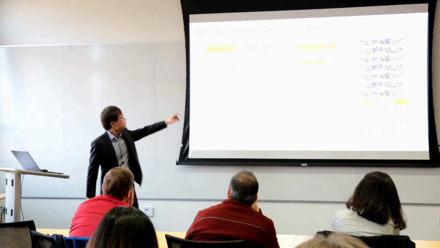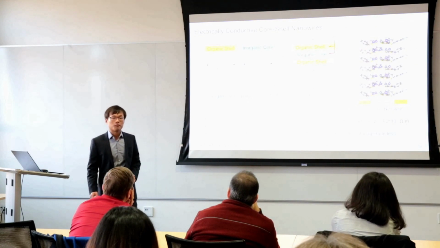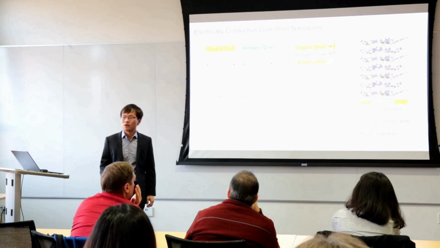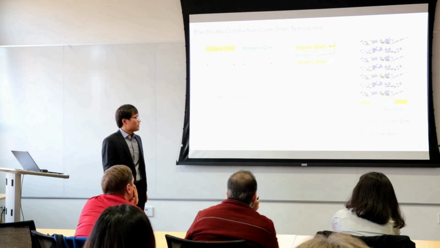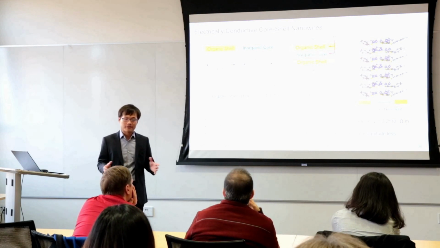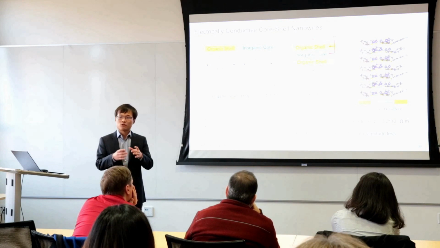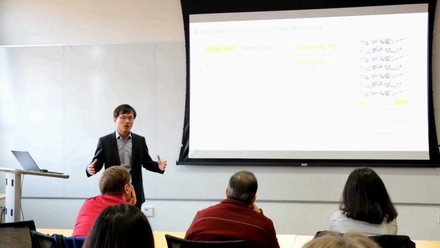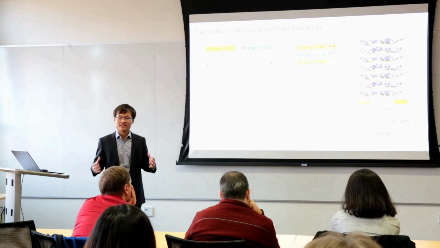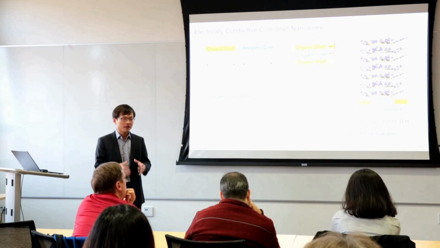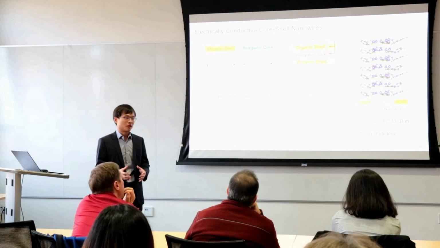And here is a visual representation of what each equivalent circuit element represents. So using this equivalent circuit model and extracting the extrinsic resistance of both the inorganic core and the organic shell, we then converted the extrinsic resistance to intrinsic resistivity, which does not depend on the shape of our material.